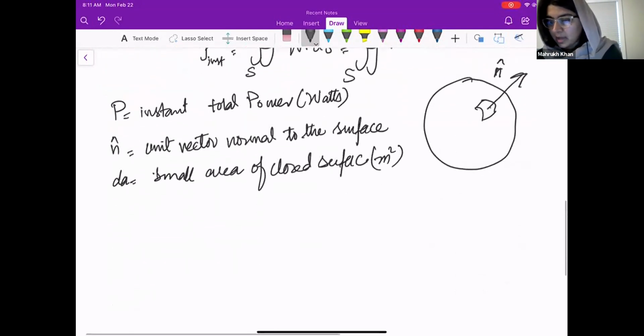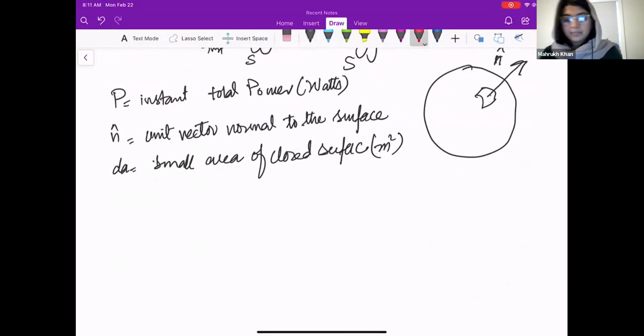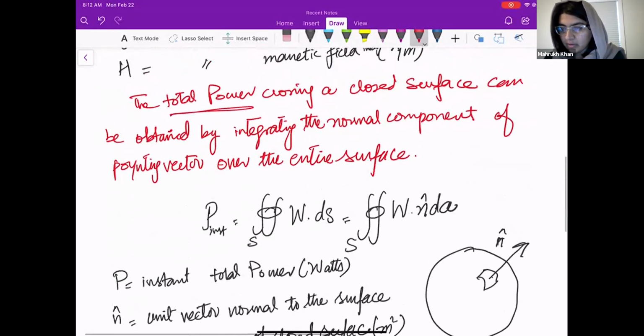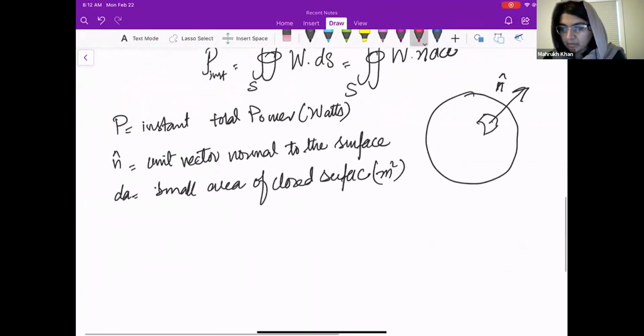So now we are concerned with the average power, okay? This was the instantaneous total power, and now we are concerned with the average power.